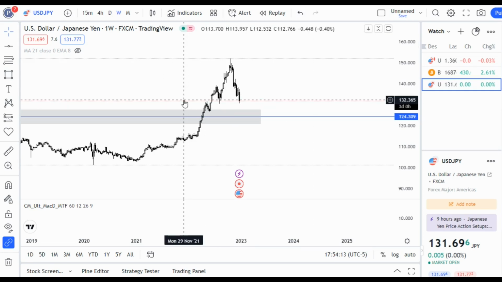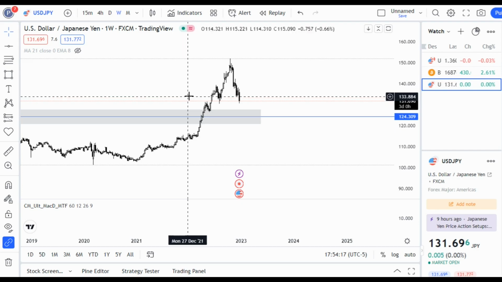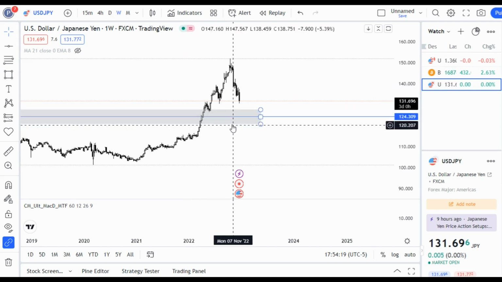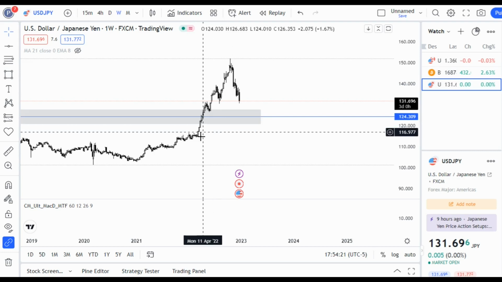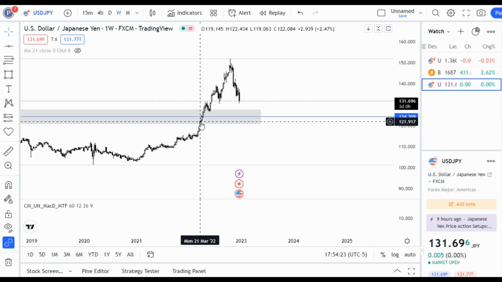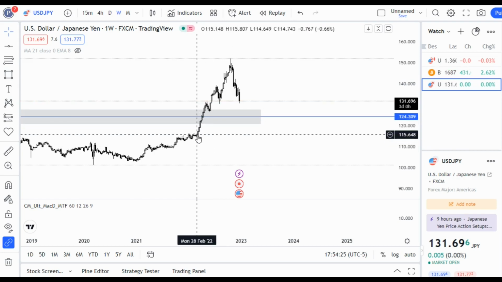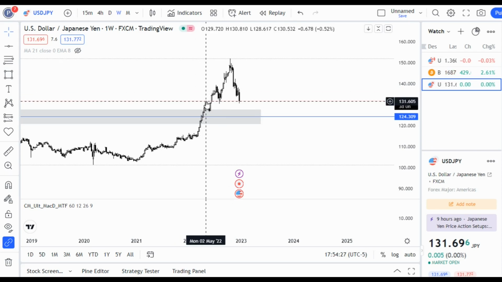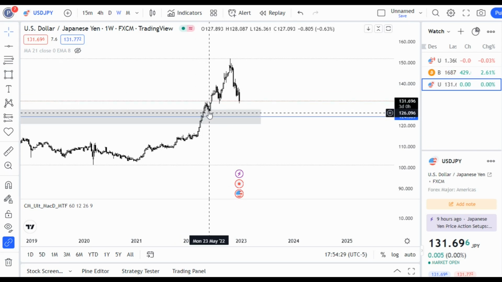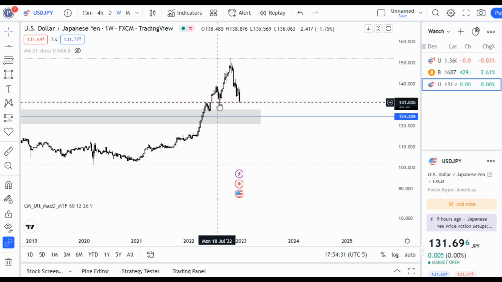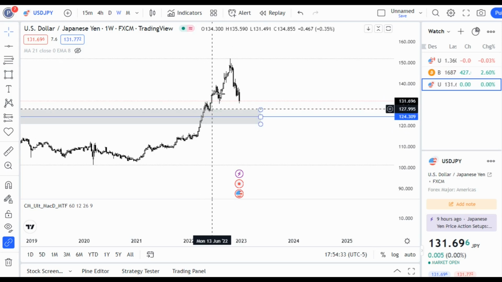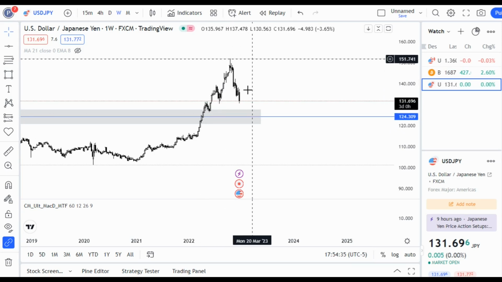To draw a support and resistance level in a trending market, you first see that a trending market gives us a swing endpoint. You can see this was an impulsive move and this is a correction move: impulse, correction. These are the swing areas which have to be considered.